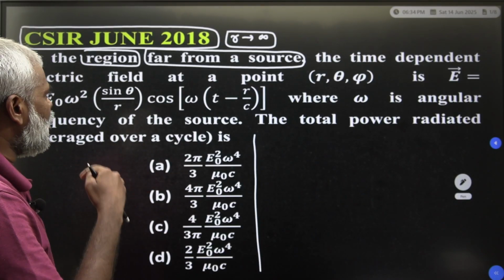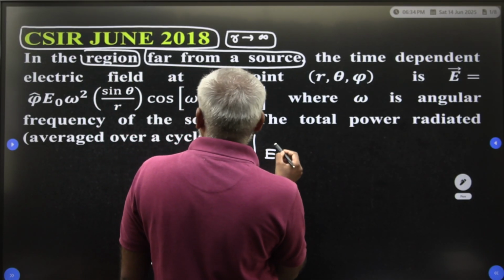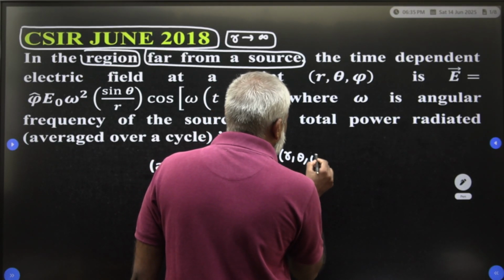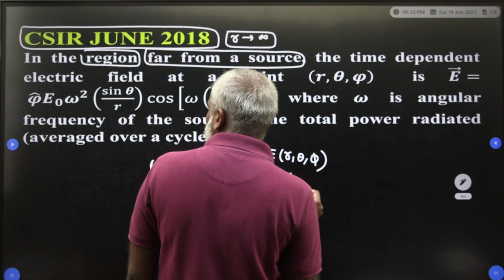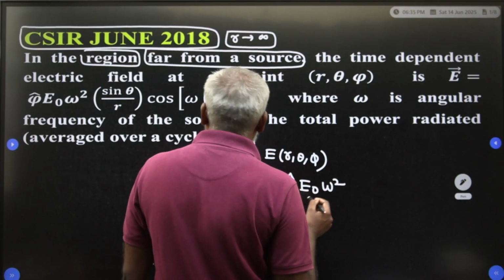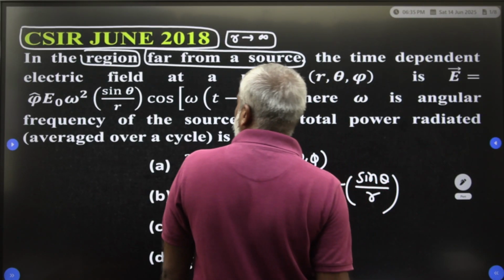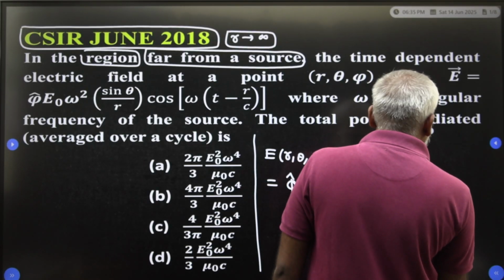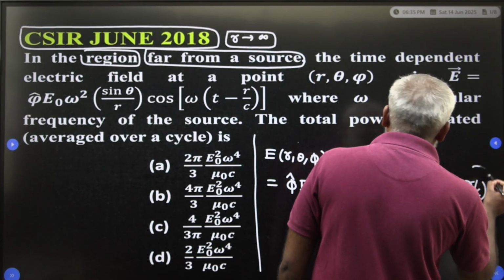The time dependent electric field E of r, theta, phi, in the spherical polar coordinate system, is phi cap into E0 omega square sin theta divided by r into cos of omega of t minus r by c, that is the retarded time they are giving.